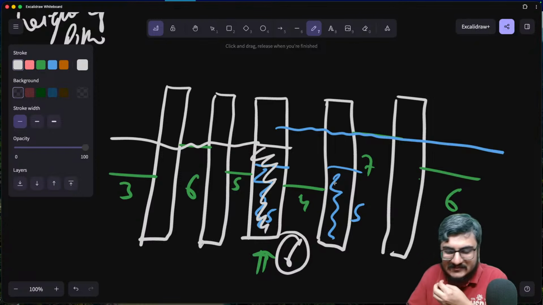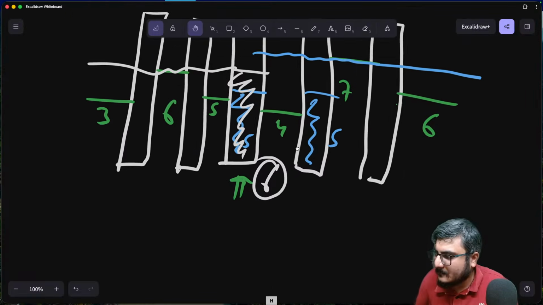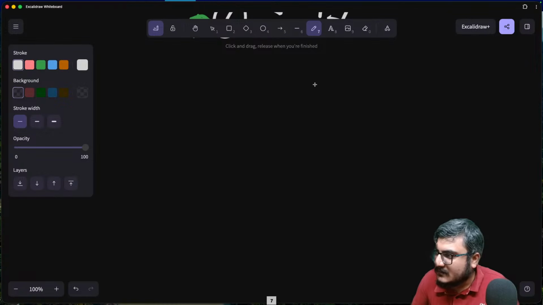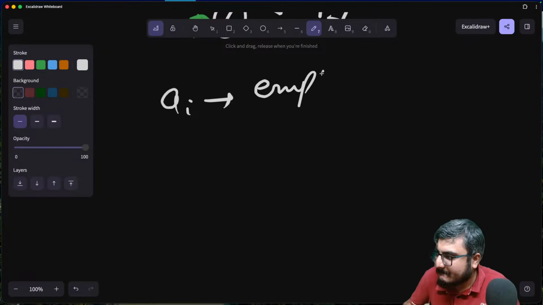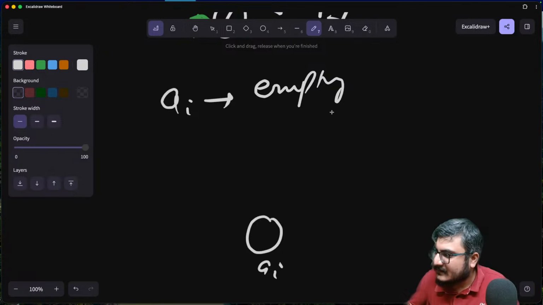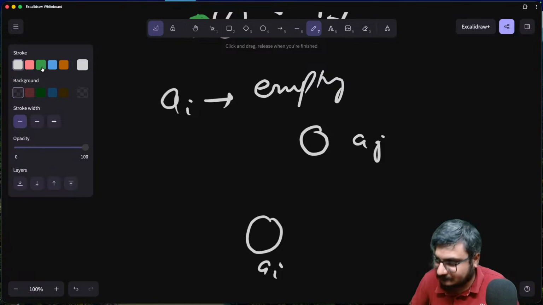And this is my claim: in an equilibrium, this is how you can find the maximum height for all of the wells. The idea is, if we want AI to be empty, then we have this well AI. AJ would be somewhere over here. Find the maximum height on this side of the circle.